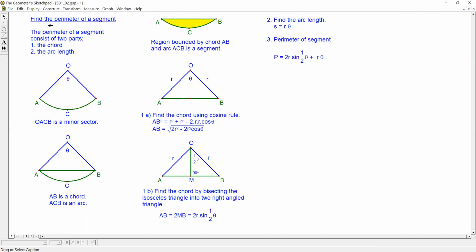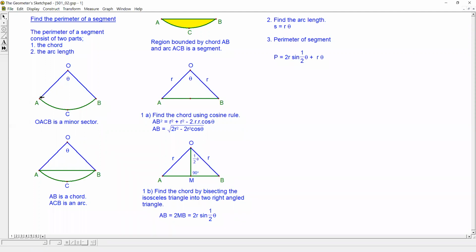Okay, first one. The perimeter of a segment consists of two parts. One part is called the chord, and the other part is called the arc length. So where is the chord? Where is the arc length? Let me explain. Now you look at this sector here.